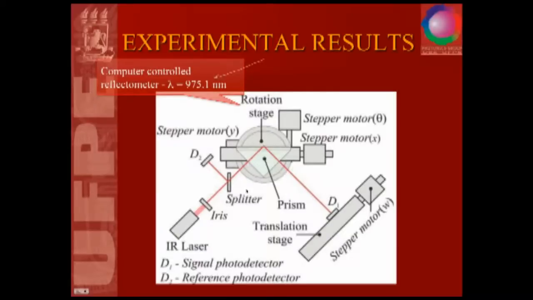We can translate the sample in two directions, and we have a translation stage, also computer controlled, that sets the signal photodetector at the maximum response. So we can program the experiment, press a button, and have the whole curve.